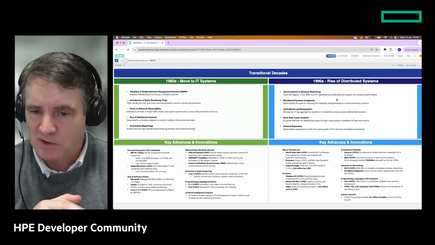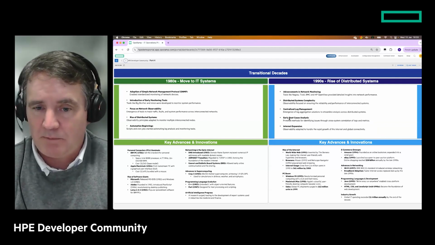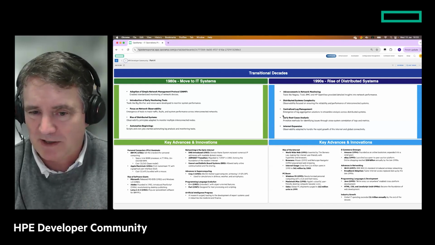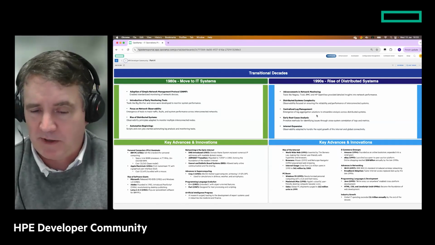It's probably the most useful information when troubleshooting issues. And a big requirement these days, but it always has been, is to identify the root causes of issues.